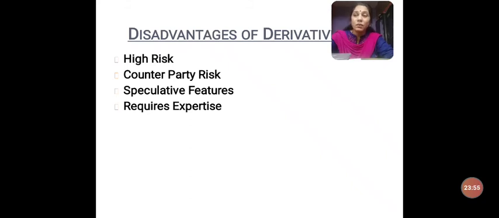You have to foresee what may happen. Only then can you do good business in derivative markets. This is not always possible for everyone in the market, and that's why this also is one of the disadvantages of derivatives.